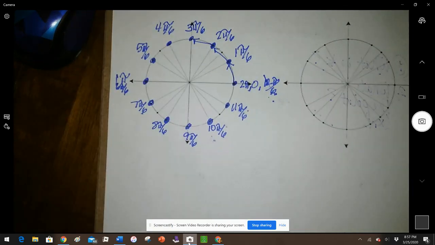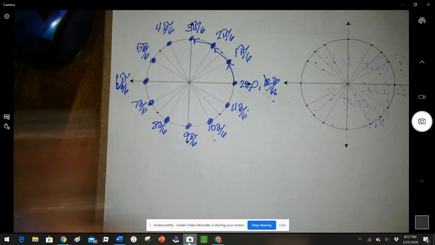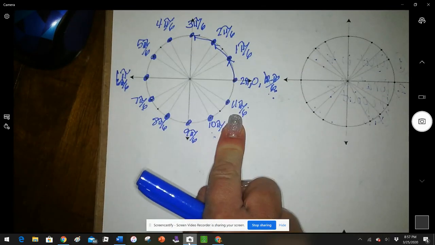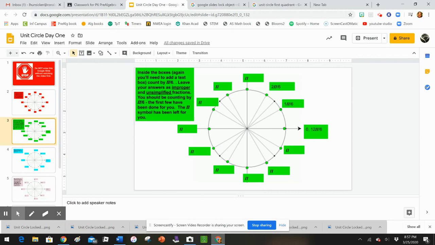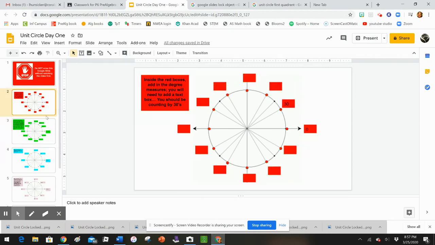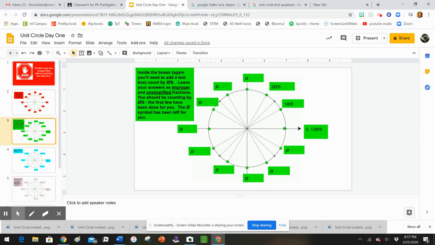If I said to you, where is 11 pi over 6? You need to be able to say, oh, right here, it's in quadrant number 4. Okay? And so when you go through your Google slide, you're going to be doing the same thing. So here we are counting in 30s, and then here we are counting in terms of pi.